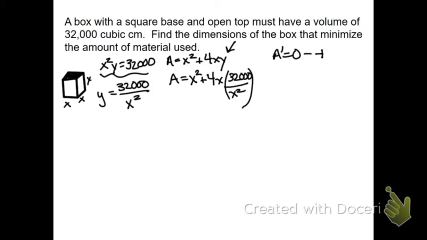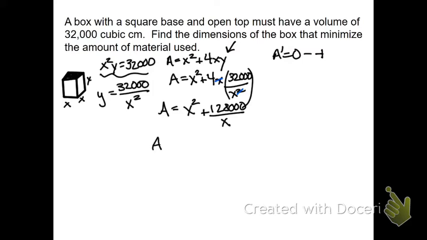Simplify completely and then do the derivative. I have an X squared here. One of my X's will cancel. One of these cancels with one of these, but I still have to multiply the 4 and the 32,000. So I have 128,000 over X.